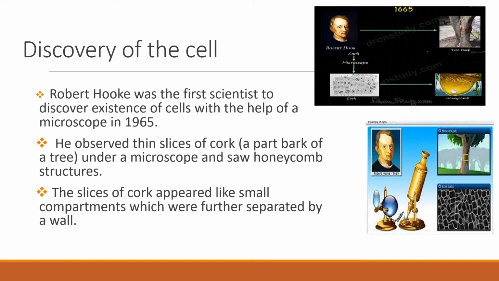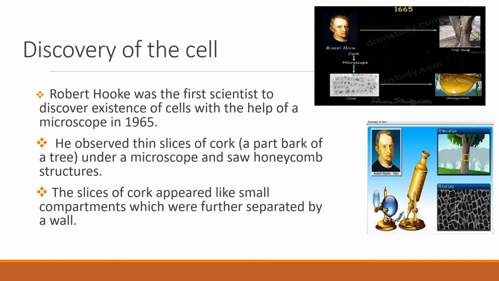But after improvements of the microscope, like the electron microscopes, different types of microscopes led to magnification of the cells, and from there people learned about cell structures and functions.